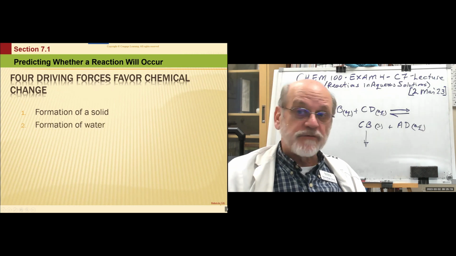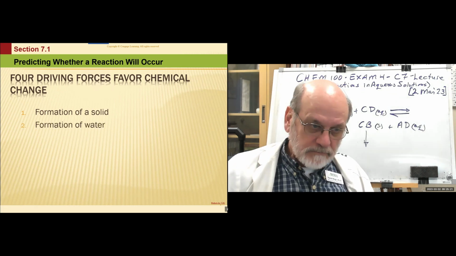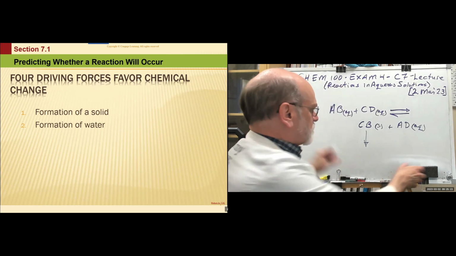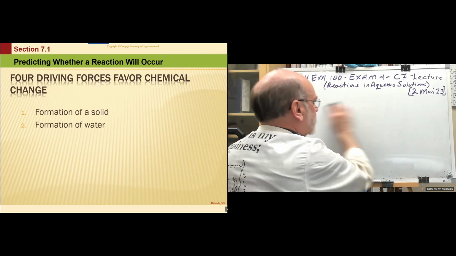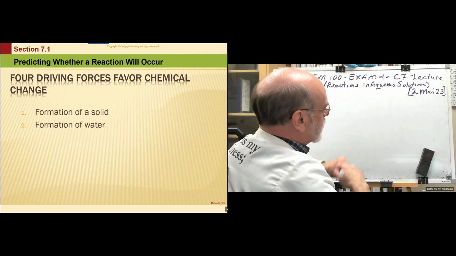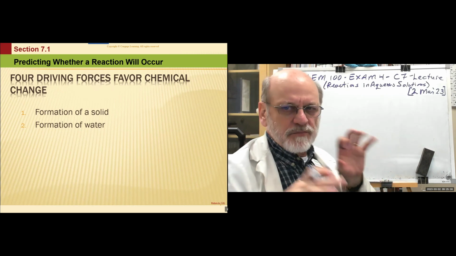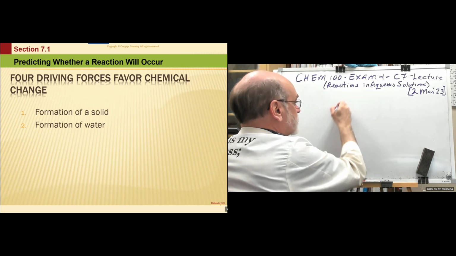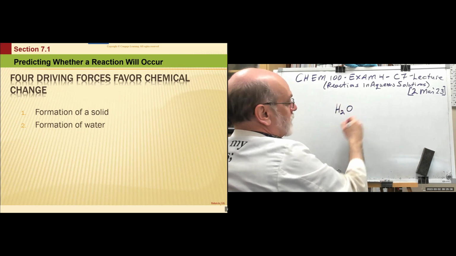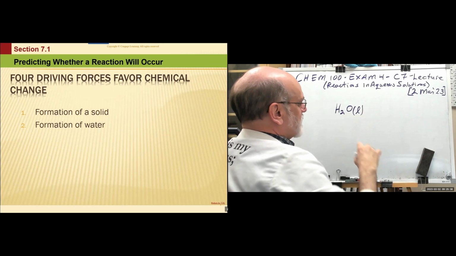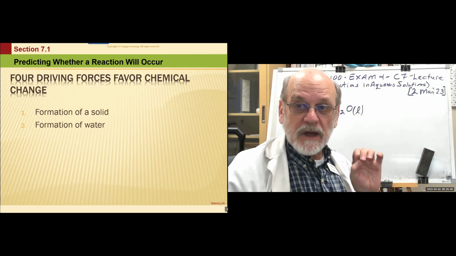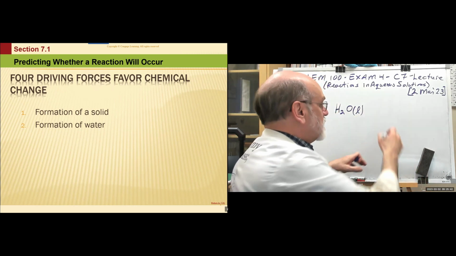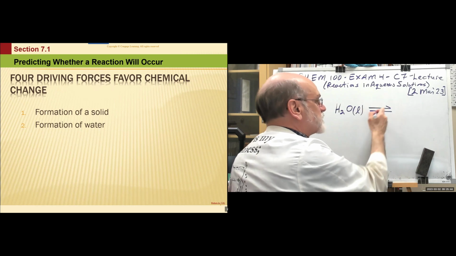Another possibility is the formation of water. So when we have pure water, it looks like this, H2O, right? Everybody knows that. But pure water has the capability of undergoing a reaction of its own.